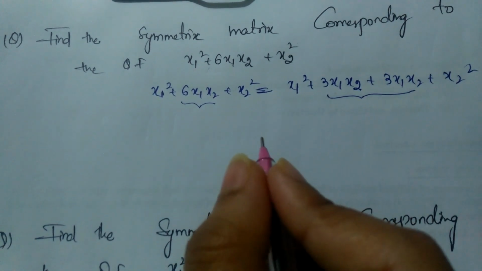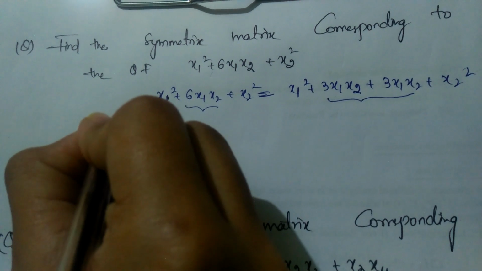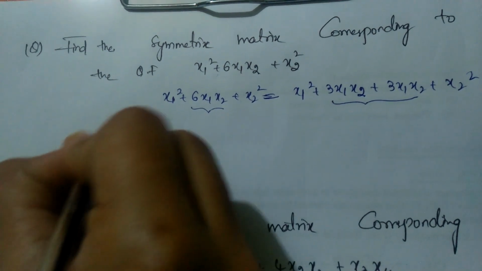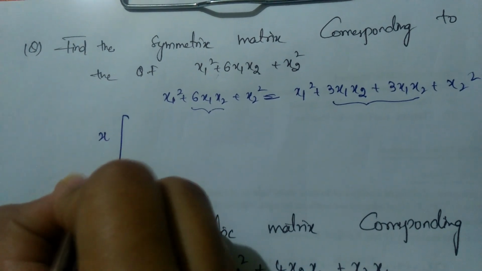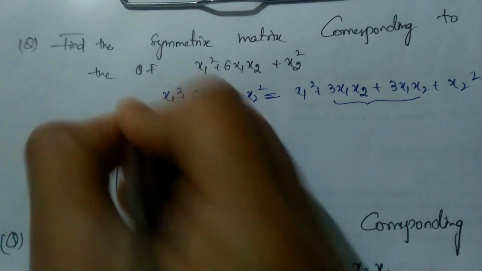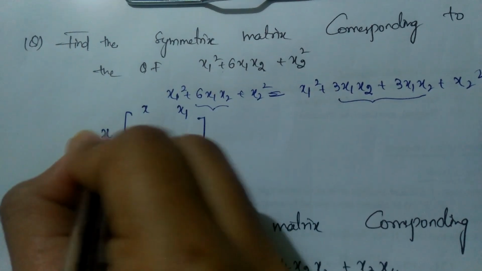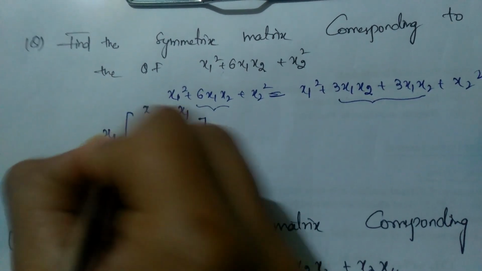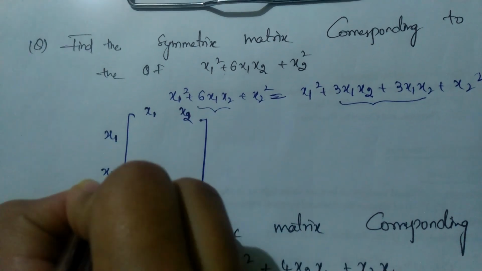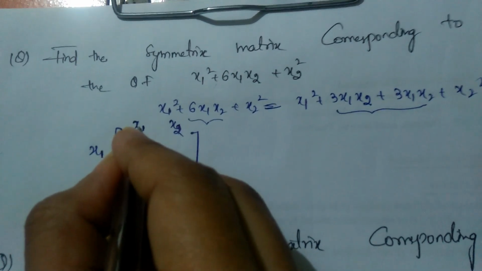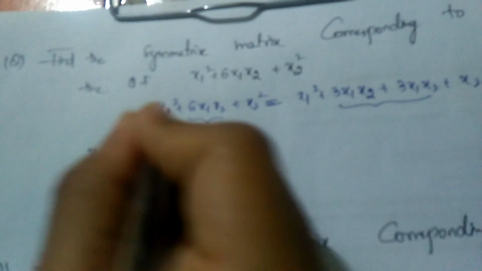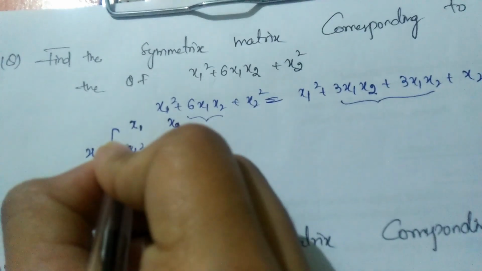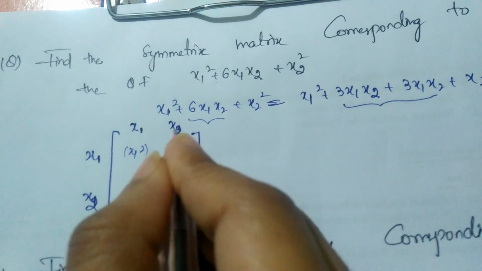So I am dividing by 2. Then for the matrix, we take x1 x2 on both sides. x1 into x1 comes as x1 square. So the coefficient of x1 square should be written here, and then x1 into x2.